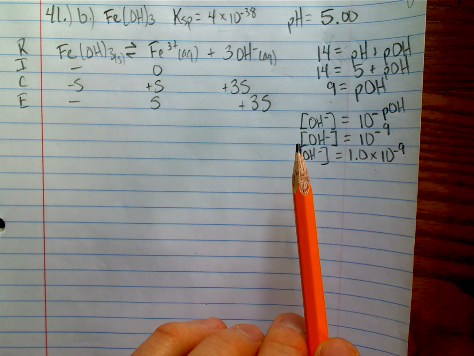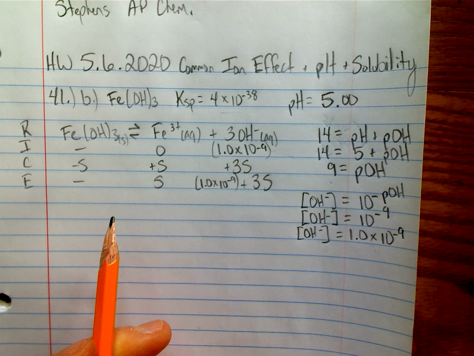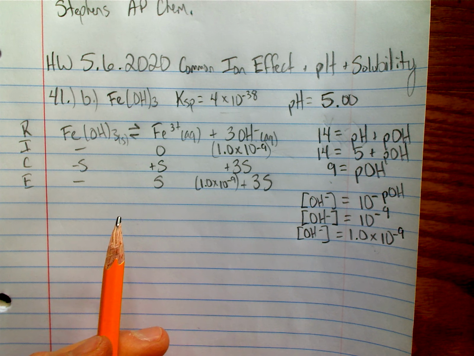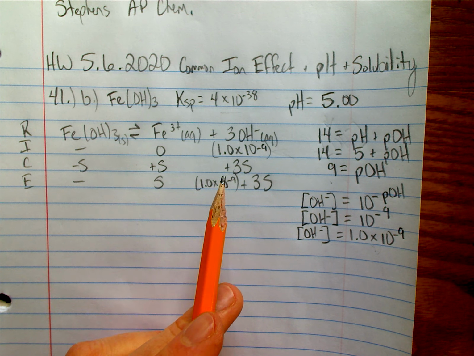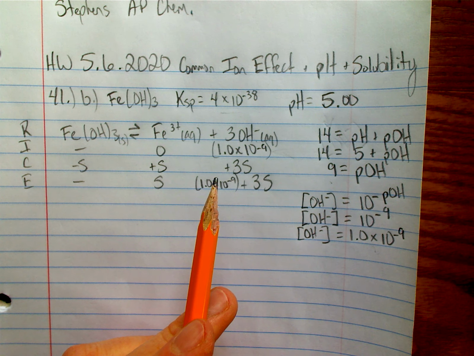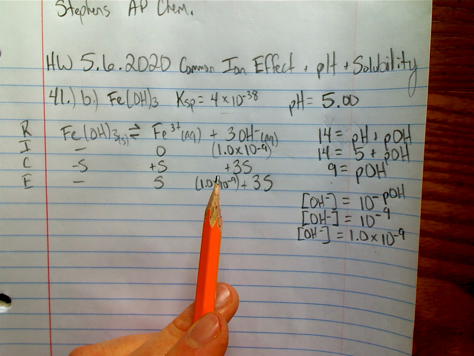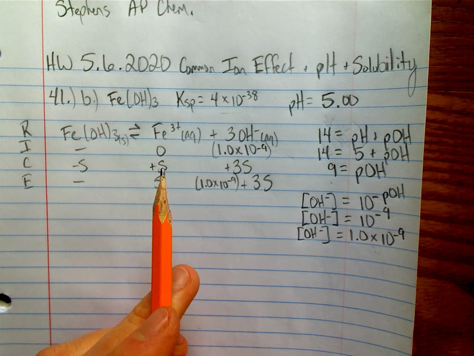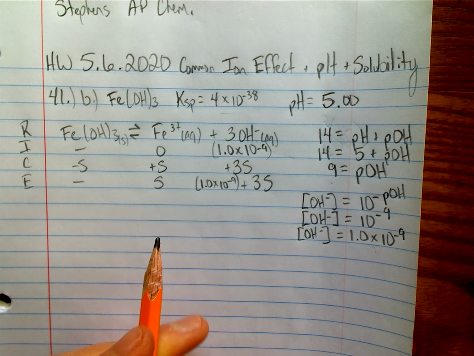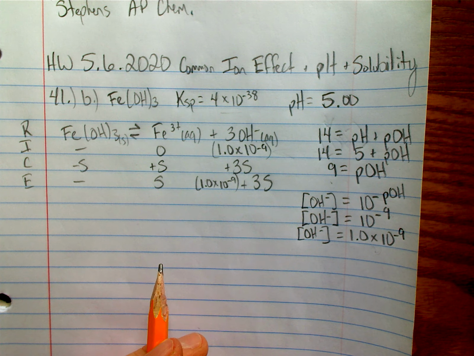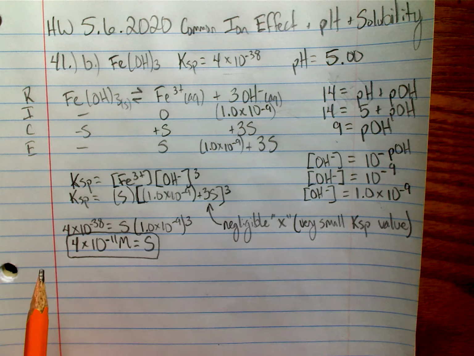Okay, now that I have it in my table, I'm good to go to set up my Ksp equilibrium expression and plug in these values. We are looking for the molar solubility of iron hydroxide in this given environment. So I'm going to go ahead and do that with the Ksp.